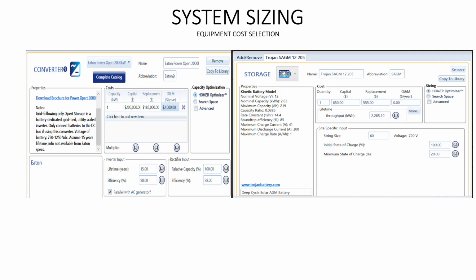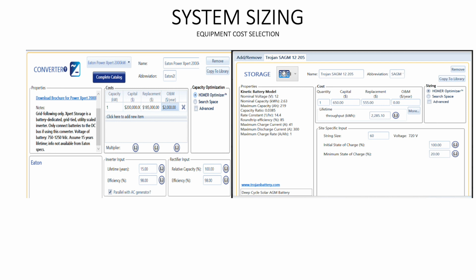Our hybrid system has low availability. The system is provided for by a 12-volt battery system. The selected battery is a Trojan SAGM 12 205. This battery has a nominal voltage of 12 volts, nominal capacity of 2.63 kilowatt hours, maximum capacity of 219 amp hours, and has a capital cost of $650 and a replacement cost of $555.